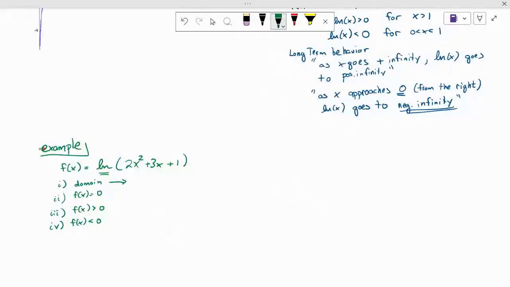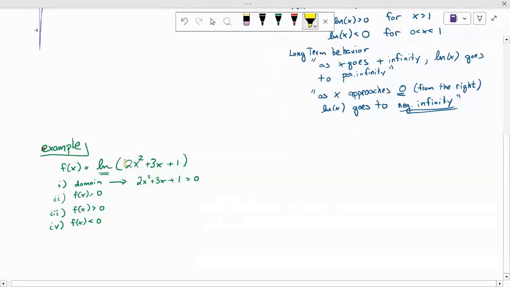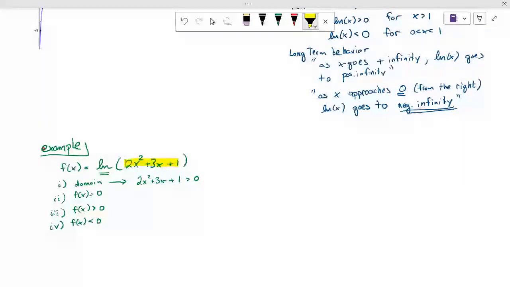So the domain is the same thing as asking when is this polynomial that's inside our log positive, right? So how would we find when the inside of our log function is greater than 0?